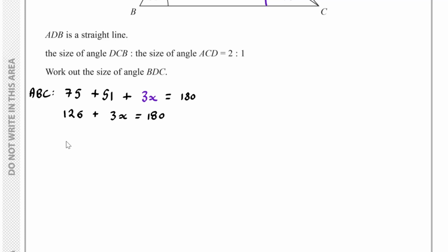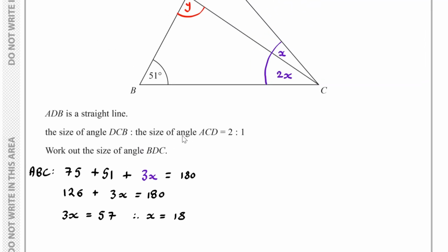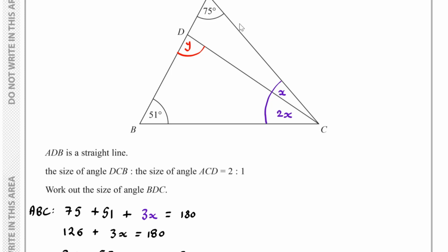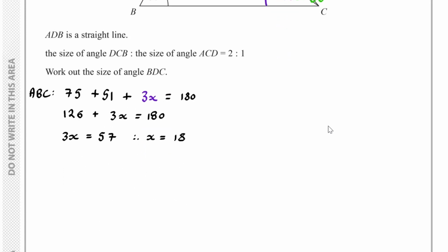And if I subtract 126 from both sides, you can see here 3x is equal to 57, and dividing both sides by 3, x is equal to 18. So if x is equal to 18, 2x, this angle over here, will equal 2 times 18, which is 36 degrees.